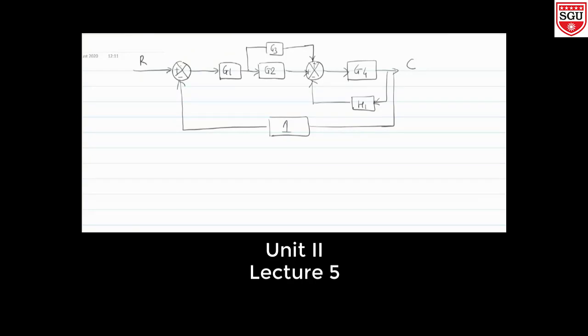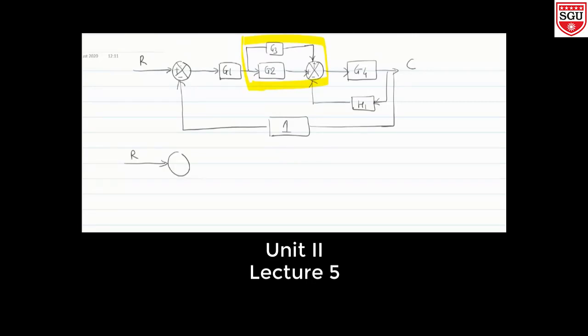Let's observe or remember what we have considered. So let's start from G1. After G1 there is G2 and G3. What are the conditions of G2 and G3? G2 and G3? Parallel condition. They are in parallel. Means we will concentrate on this first. When these are in parallel, how can I reduce now?